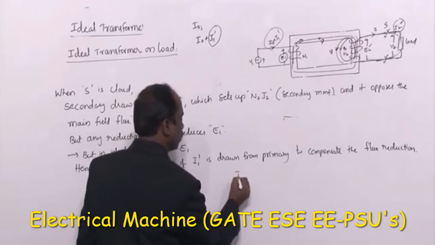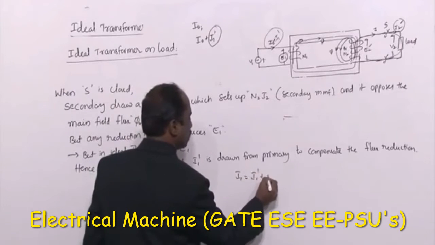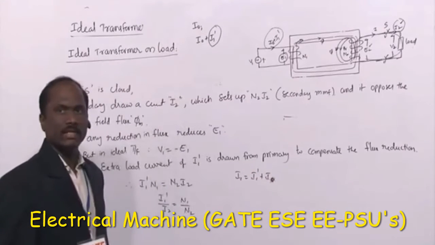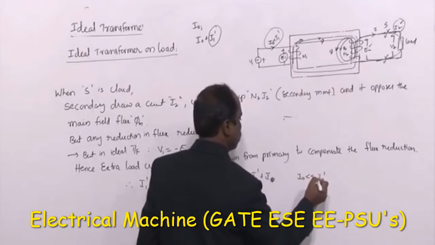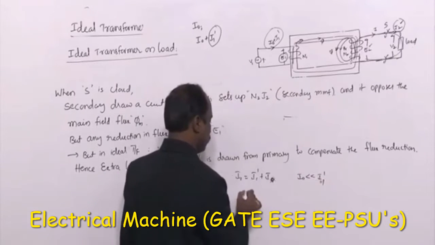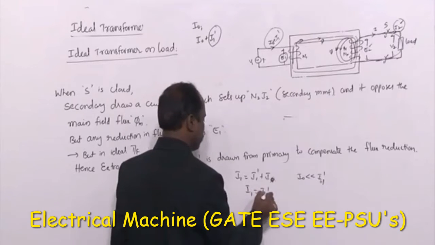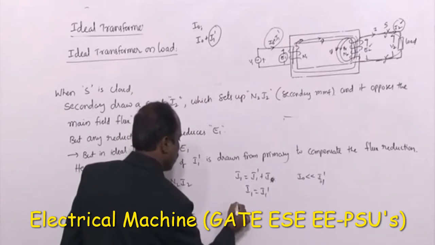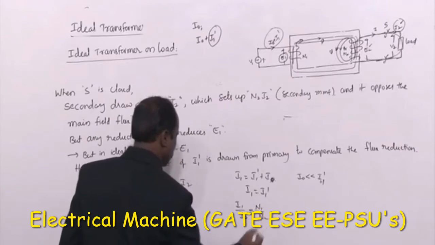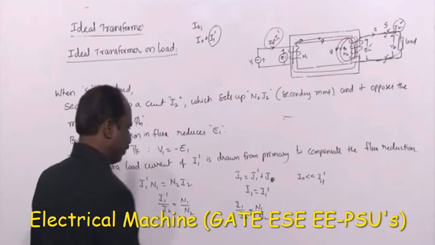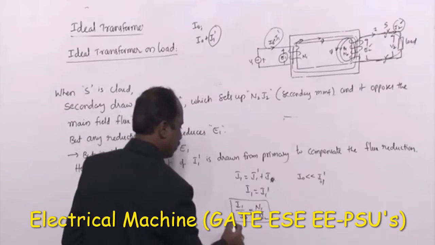Actually, I1 is nothing but I1 dash plus I0. Here I0 is very small compared to I1 dash. Therefore I1 is equal to I1 dash. Therefore the condition is I1 by I2 is equal to N1 by N2.